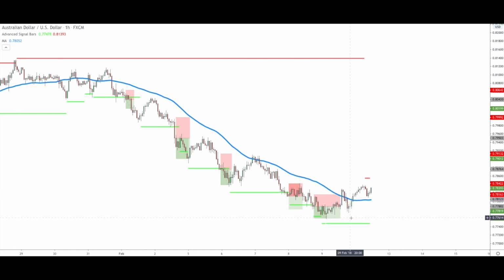As you can see here, approaching the bottom of this downtrend, we got a new horizontal line down here, but then the price never broke down, so it just went up.